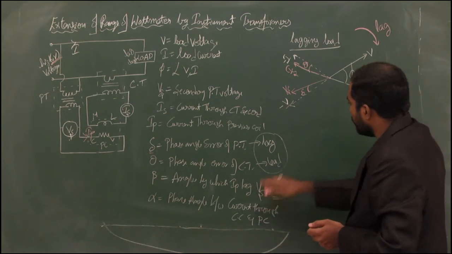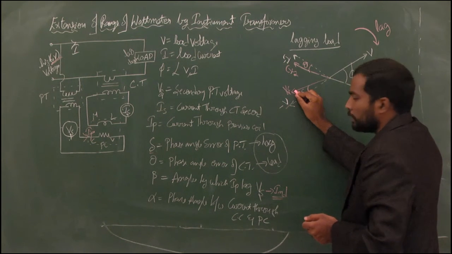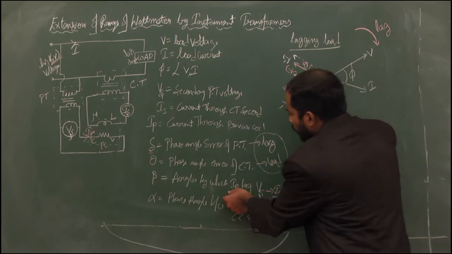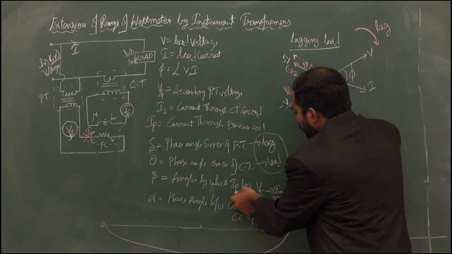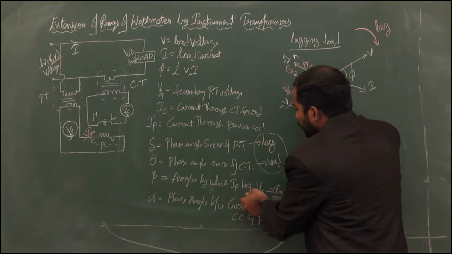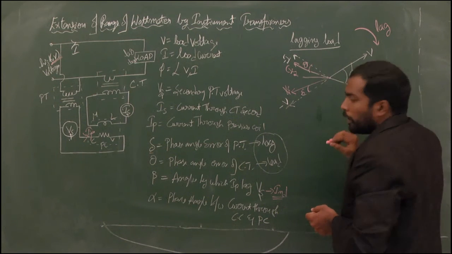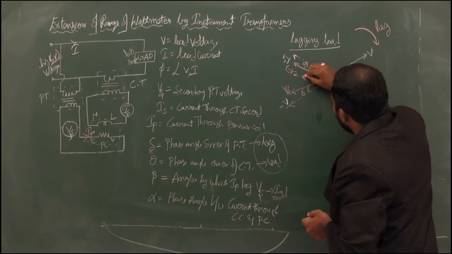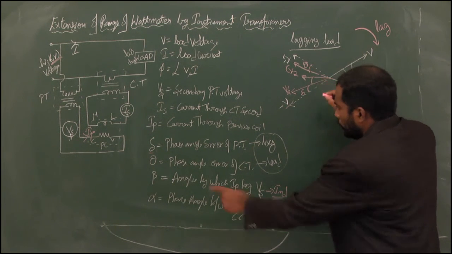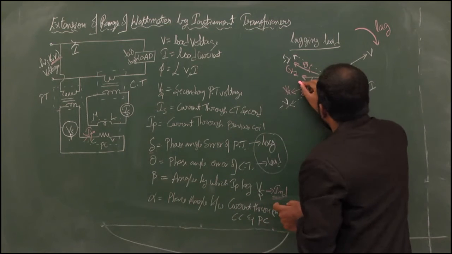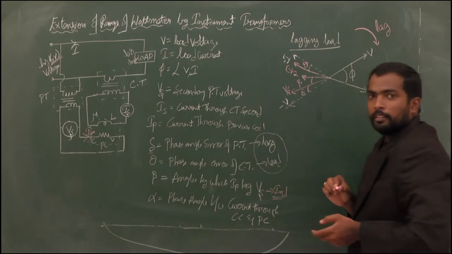So this is Vs, right? Ip is lagging your Vs by an angle of beta, right?